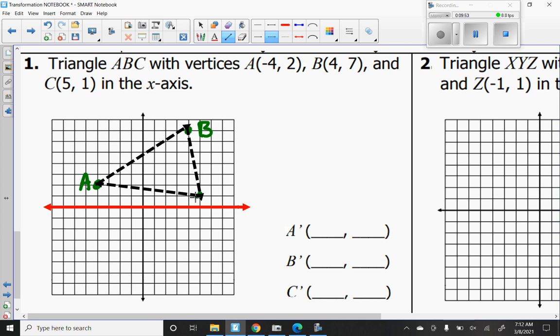Now I'll reflect each point across and make my new image and plot my new points. So C is right there, just one away. So that's going to be 5, -1. You do not have to go in order. A is 2 away, so I go down across my x-axis 2, and that's -4, -2.